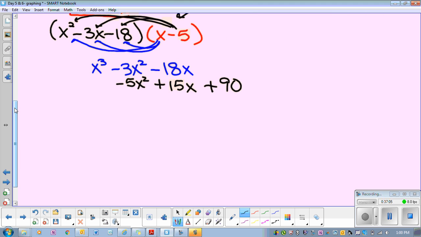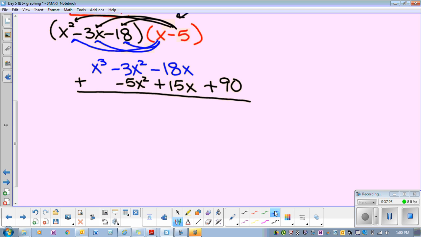The reason I wrote it like this as I was multiplying is that you have to combine like terms. If I set myself up like this, I have all my like terms lined up and I can just add straight down.